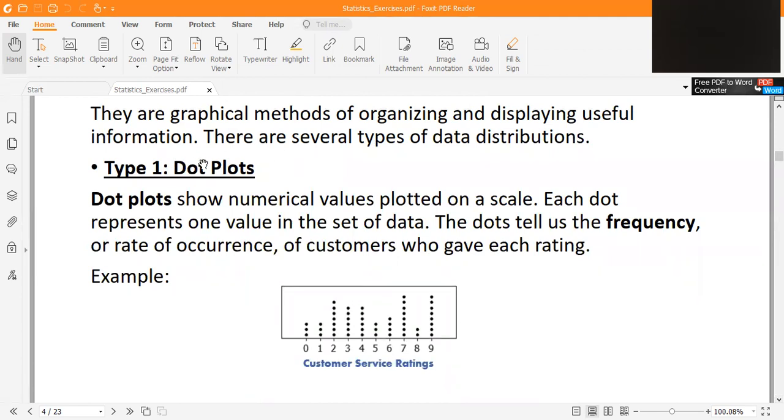From the word dot, we have dots in this graphic. A dot plot shows numerical values plotted on a scale.